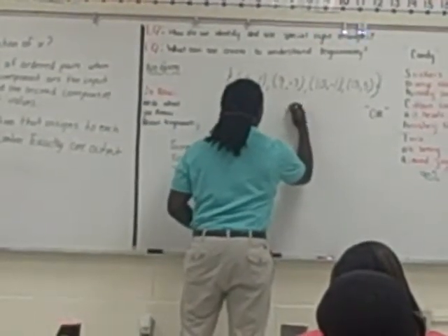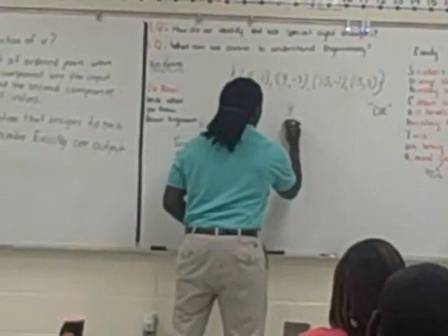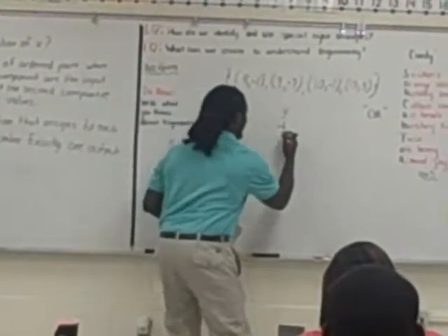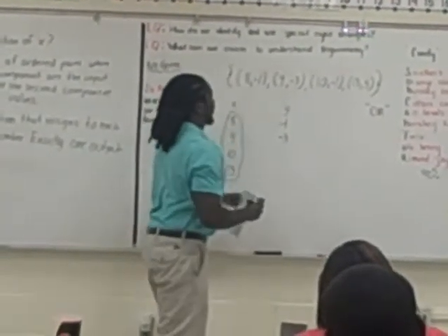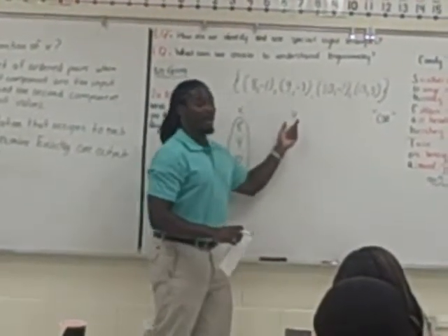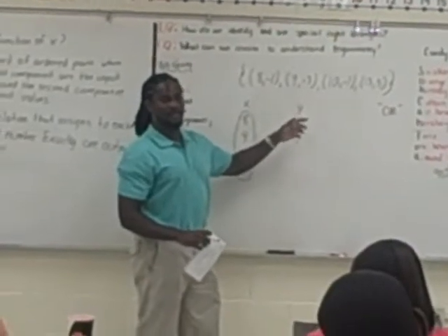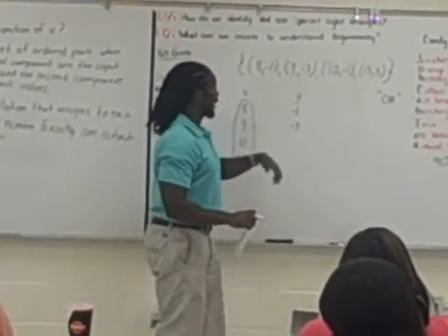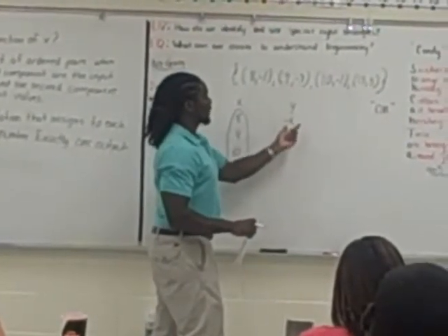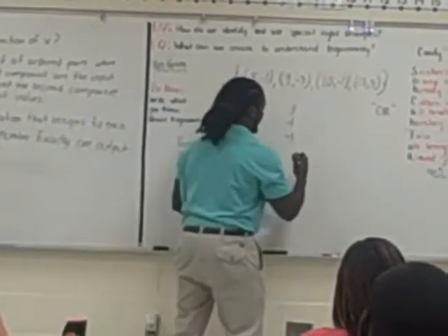What are my output values? -1, -3, -1. When I'm writing my output values, if I have the same output value twice, I only need to write it once. So I got -1 twice, so I'm just going to write it once. And I got -3, and what else is left? 5.